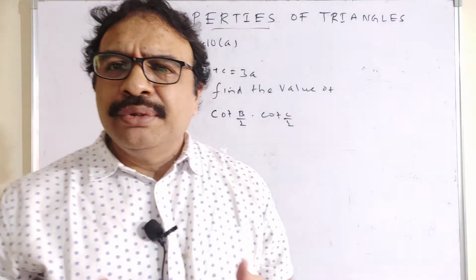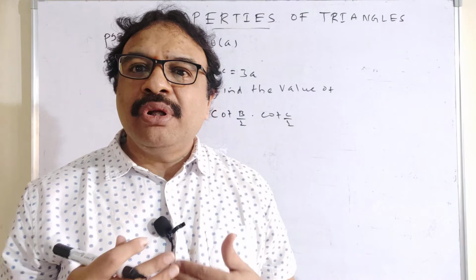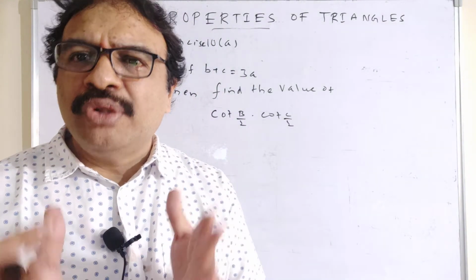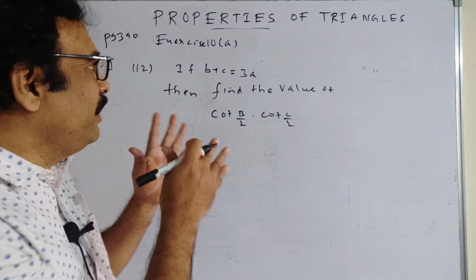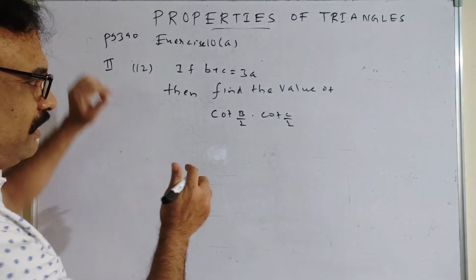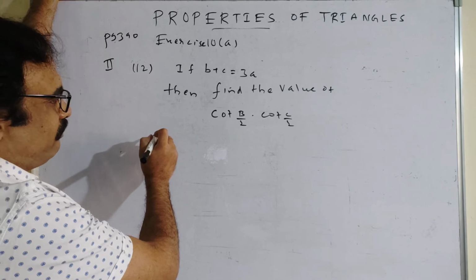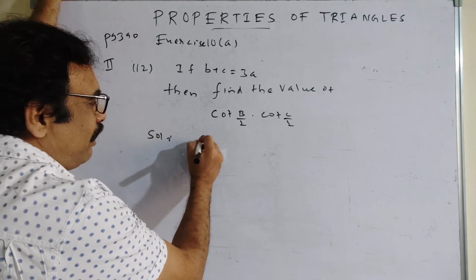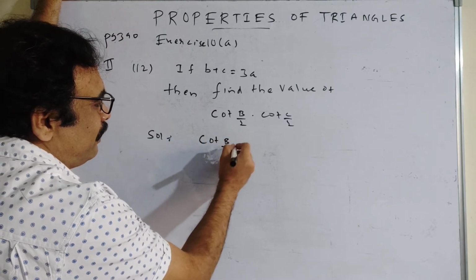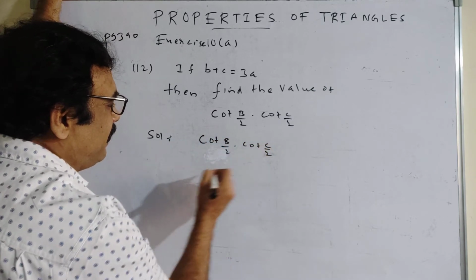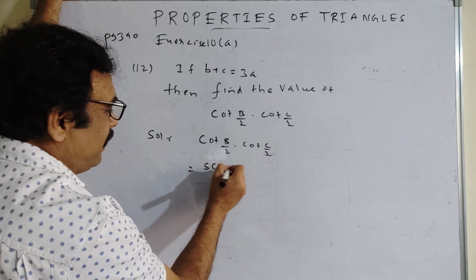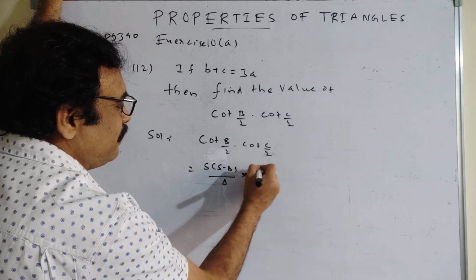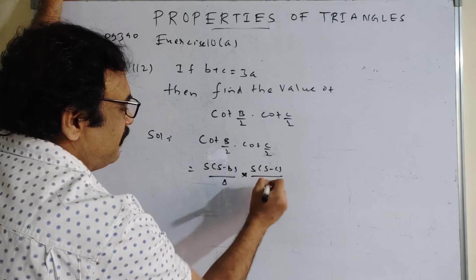Now, whenever I speak about cot a by 2, I think it might have been given in the modules, you refer to 6 or 7, I can't say exactly which. We have the formula that cot b by 2 into cot c by 2 can be written as s into s minus b by delta, and this is nothing but s into s minus c by delta.